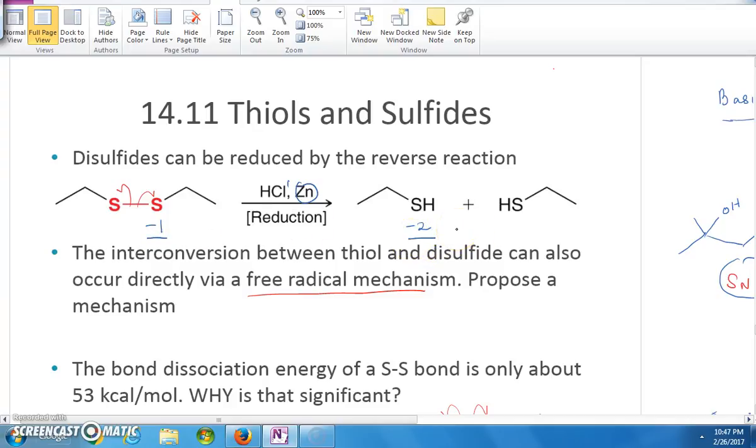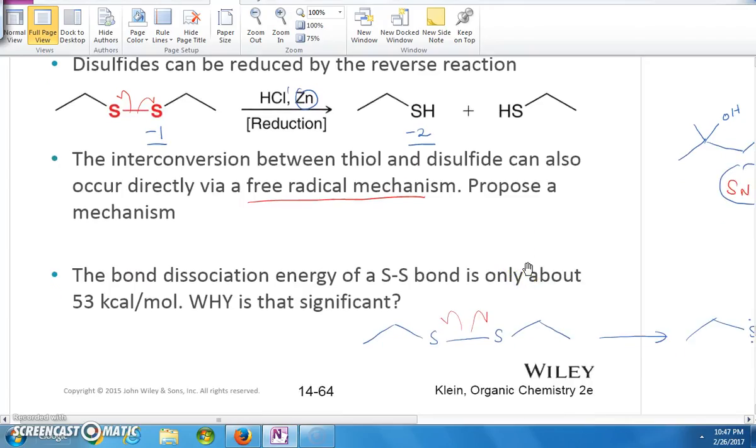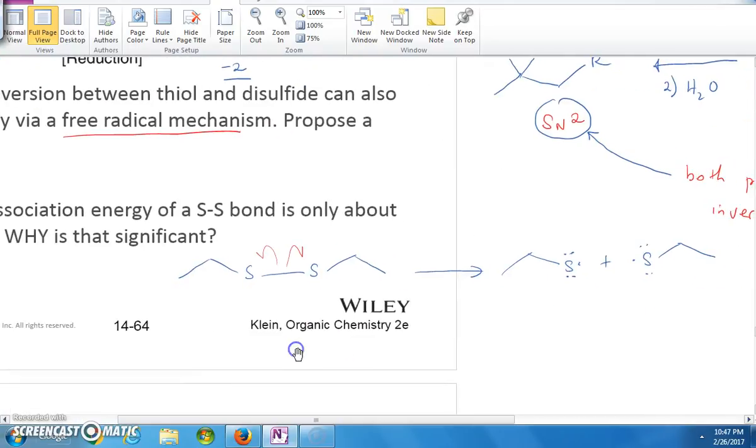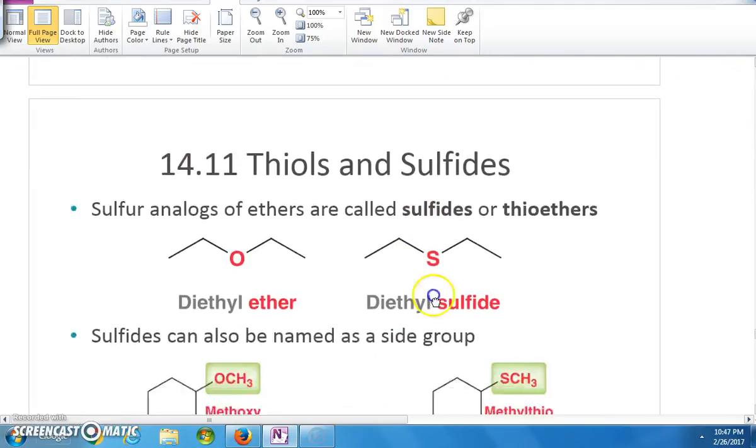The interconversion between thiols and disulfides can also occur directly via a free radical mechanism. I won't be proposing anything like that this time. The bond dissociation energy of the sulfur-sulfur bond is quite weak, so it's easily broken. And if it is easily broken, we know that we can form two radicals. And of course, that's how the reaction is going to proceed.